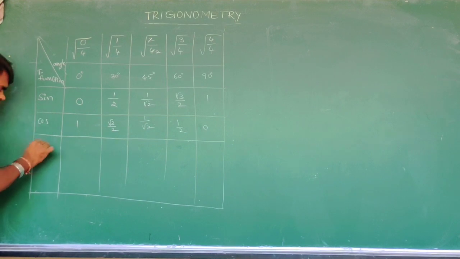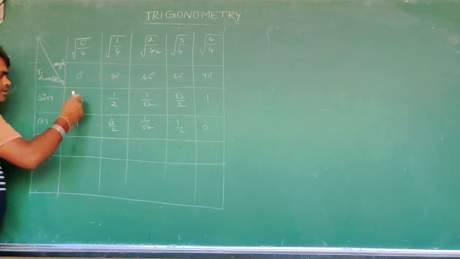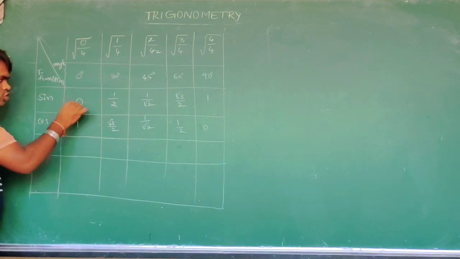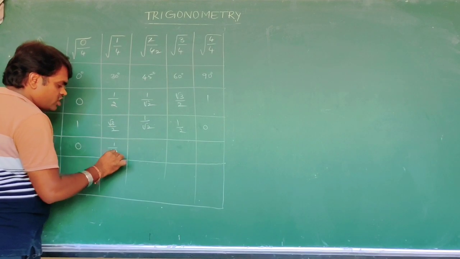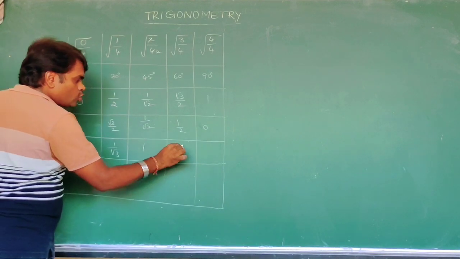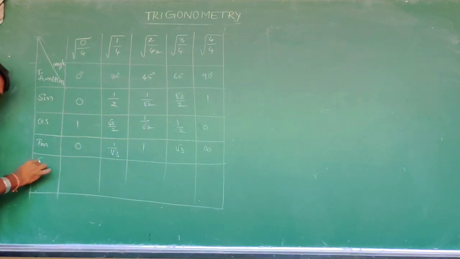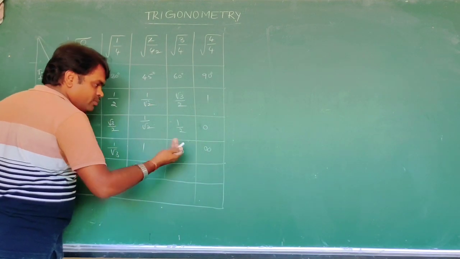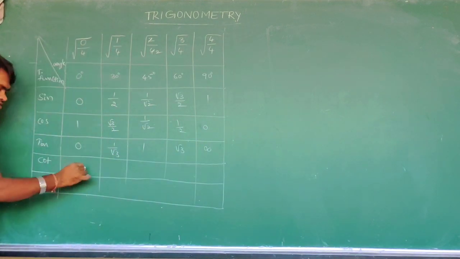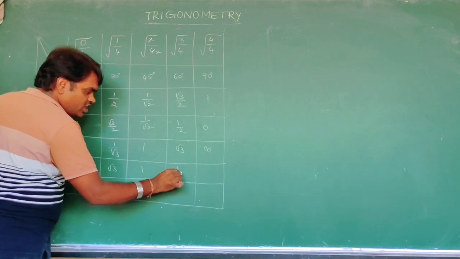And here tan, that is sine by cos. 0 by 1, 0. 2 to cancel. 1 by root 3, 1, root 3, 1 by 0, undefined. Cot means reverse it, because cot will be changed to tan and tan will be changed to cot: infinite, root 3, 1, 1 by root 3, 0.